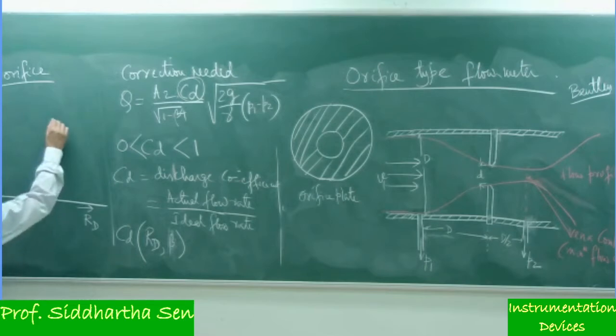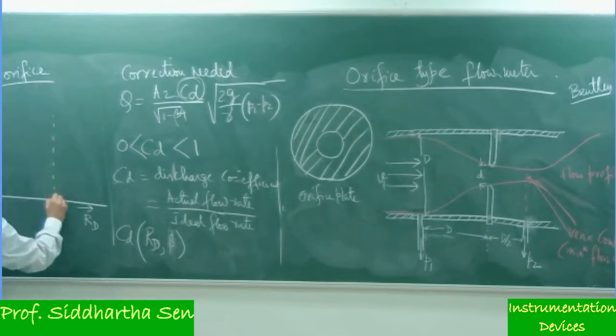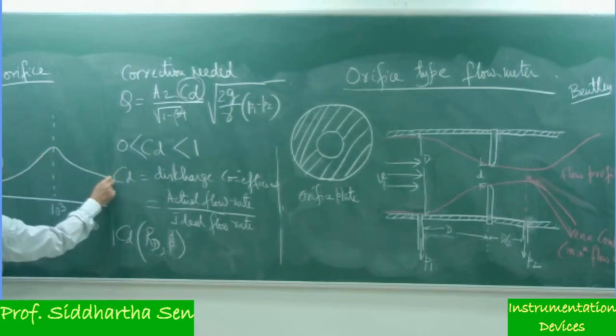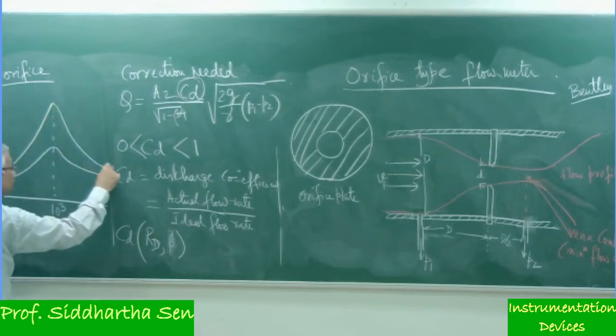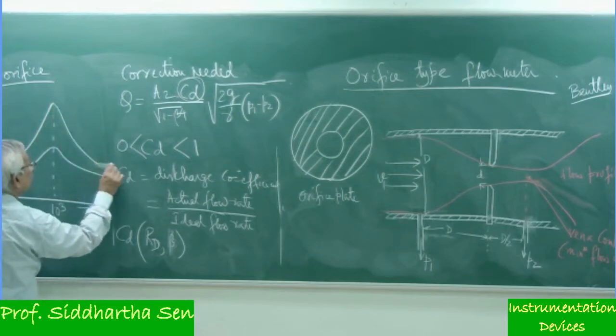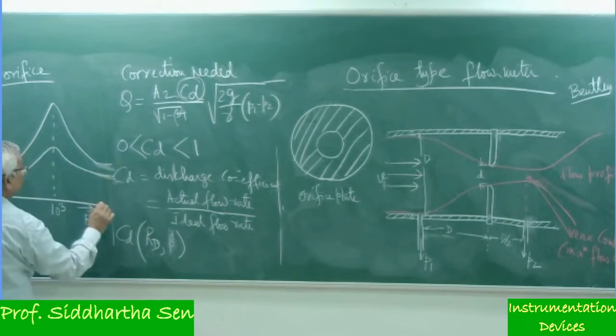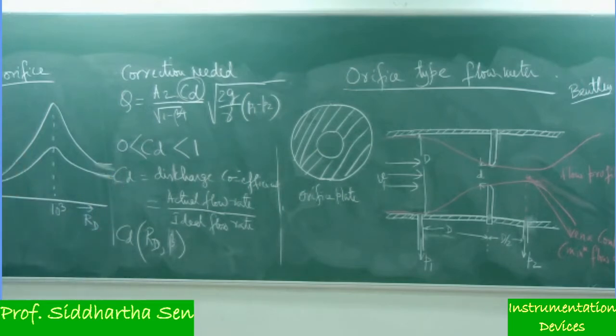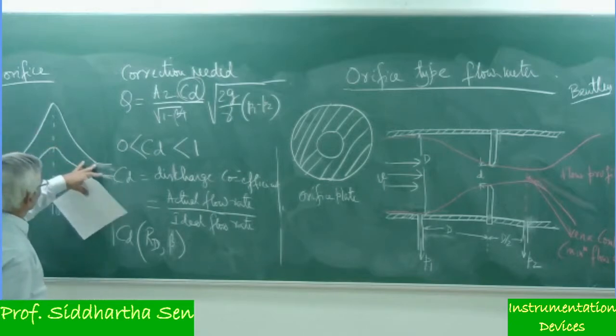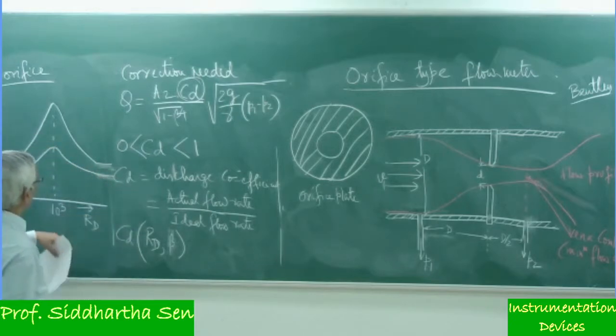You will find that with Reynolds number CD increases and then again decreases, and finally it comes to almost some steady state there.